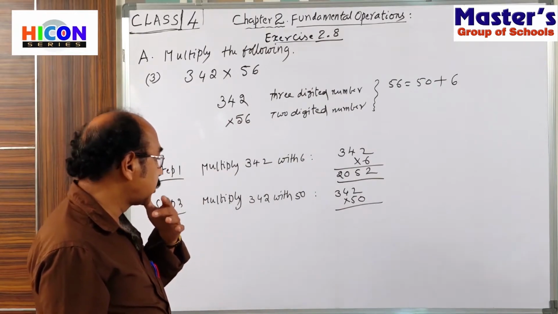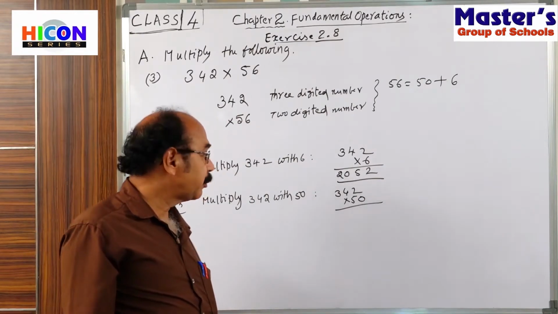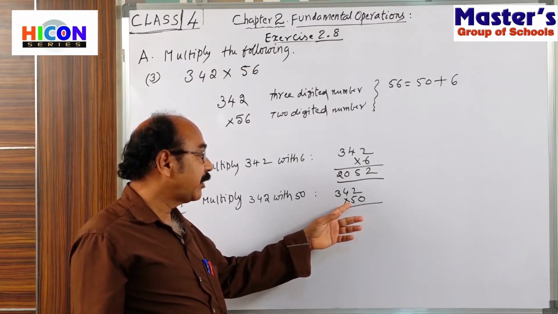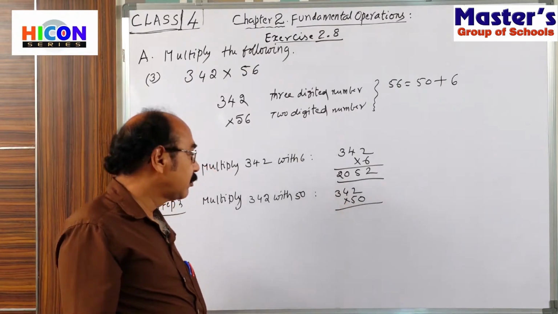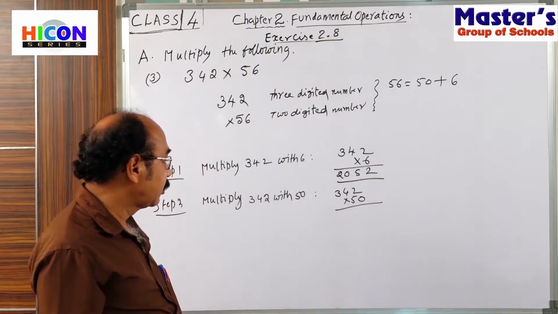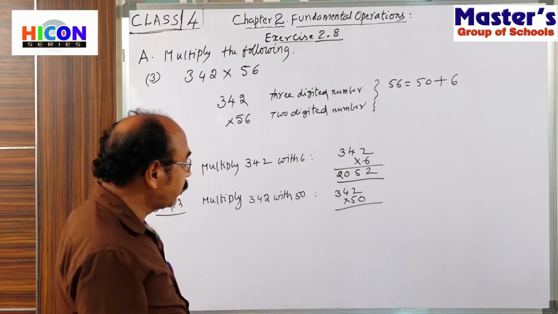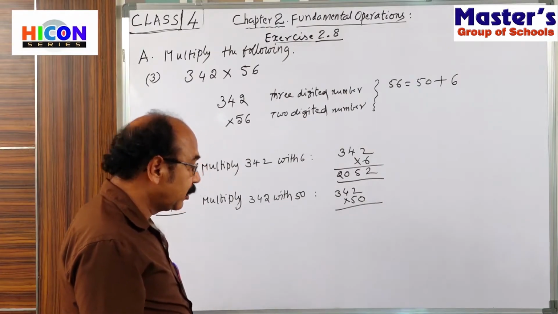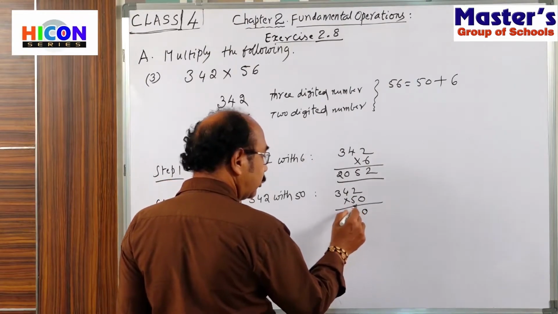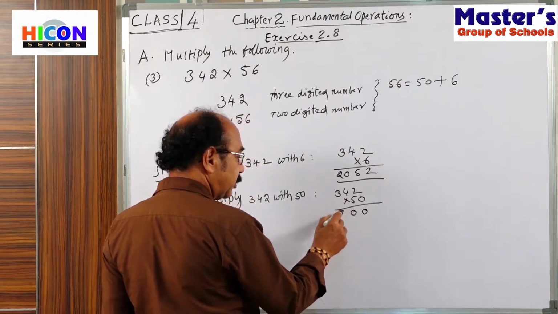Once we discussed how to multiply with 50. Simply we multiply it by 5 and keep 0 to the right side. So 342 into 50. Actual multiplication means here: first with 0, 0 2s are 0, 0 4s are 0, 0 3s are 0.